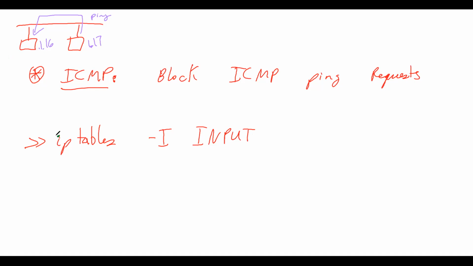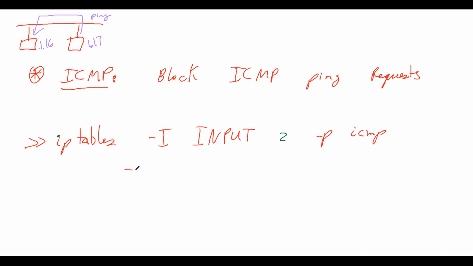All right, so iptables -I input, again, position 2, somewhere like that. Protocol. Now this one, remember, it's a ping packet, so it's not going to be TCP. It's an ICMP protocol.